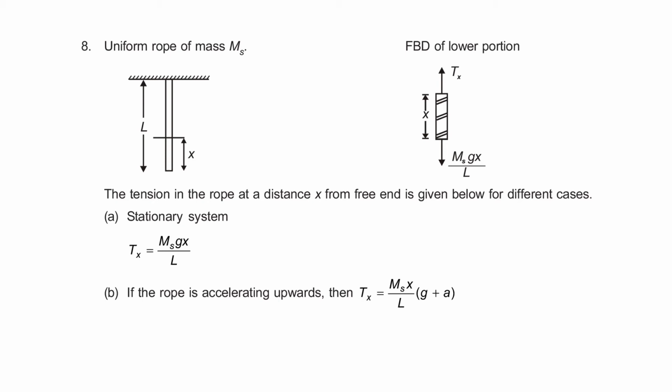And for case C, if the rope is accelerating downwards, then Tx is equal to ms x divided by L (g minus a), where g is greater than a.